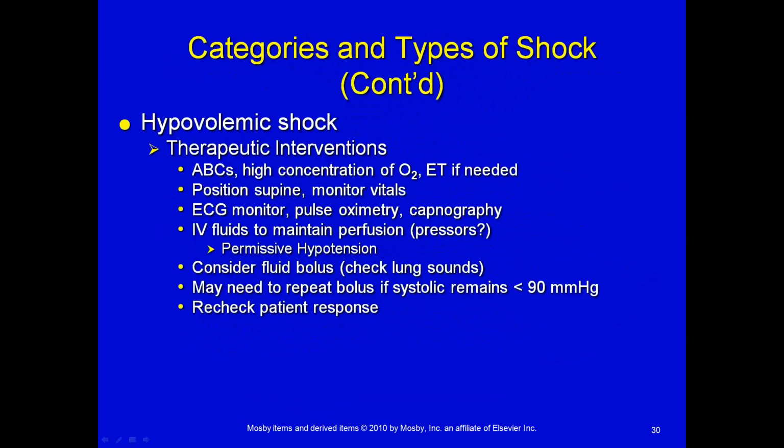So we rely on an isotonic solution like normal saline. The issue here is that with just the administration of 750 milliliters of normal saline, we can cause DIC, disseminated intravascular coagulation.